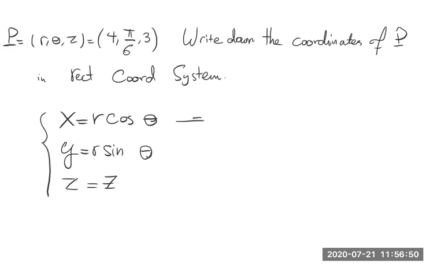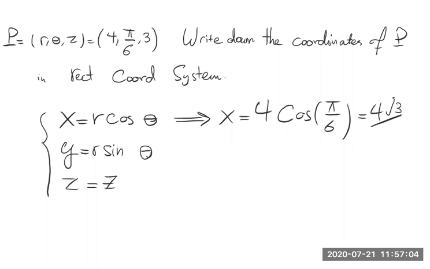So X is r cosine of theta. Here r is 4, so it would be 4 times cosine of pi over 6. Cosine of pi over 6 is the square root of 3 over 2. We would get 2 square root of 3. What about y? Y would be 4 sine of pi over 6.